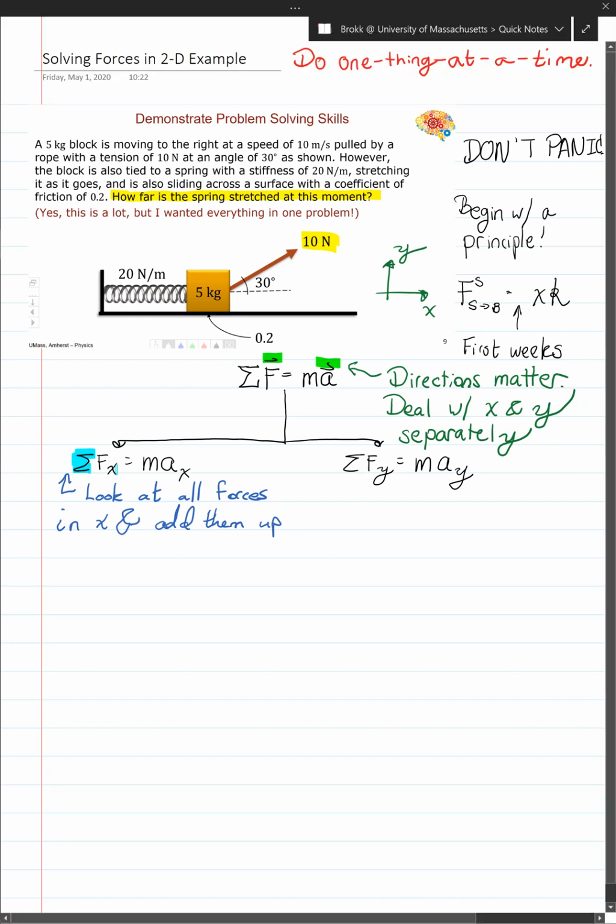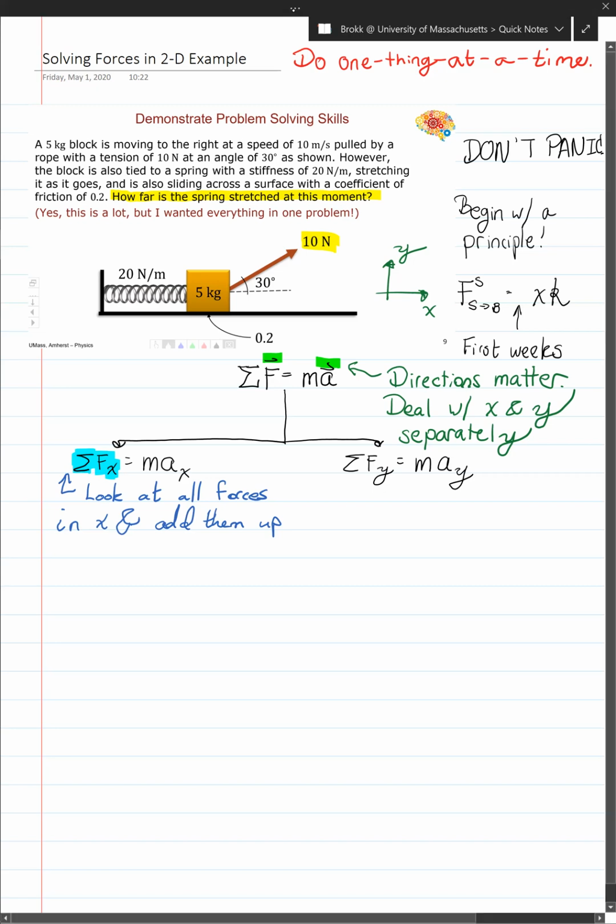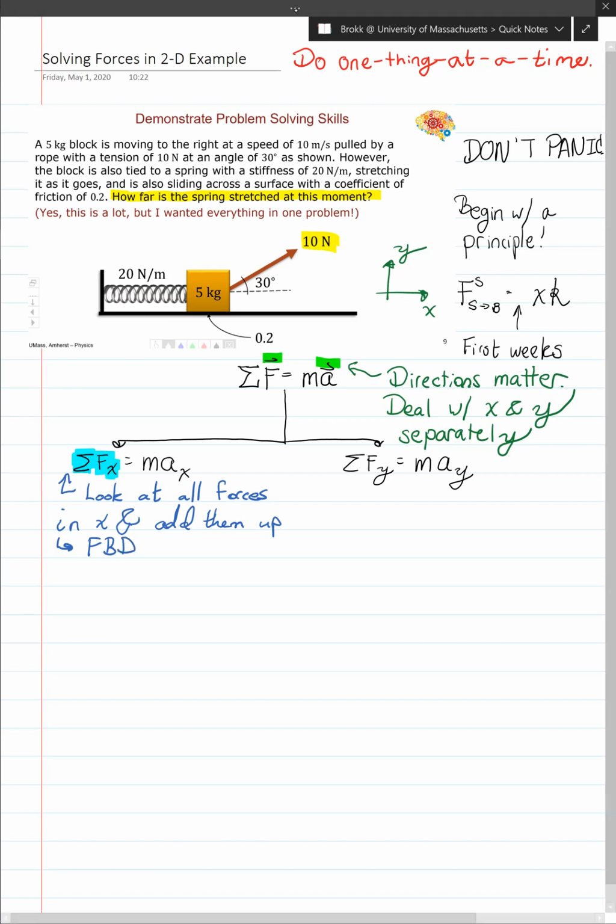That's what this is telling me to do. Sum all the forces in X. For that, a free body diagram might be quite helpful. So let's go and do that. We had some practice with this last week.